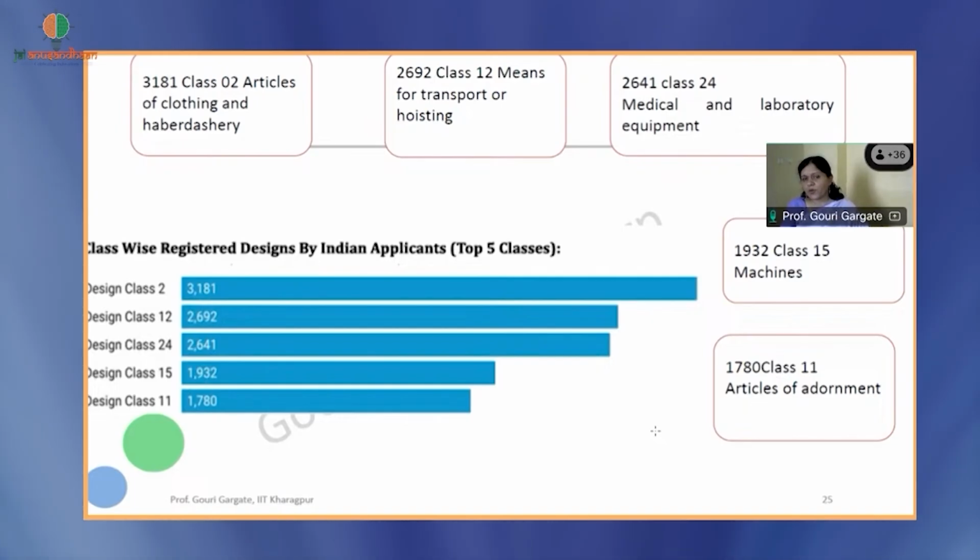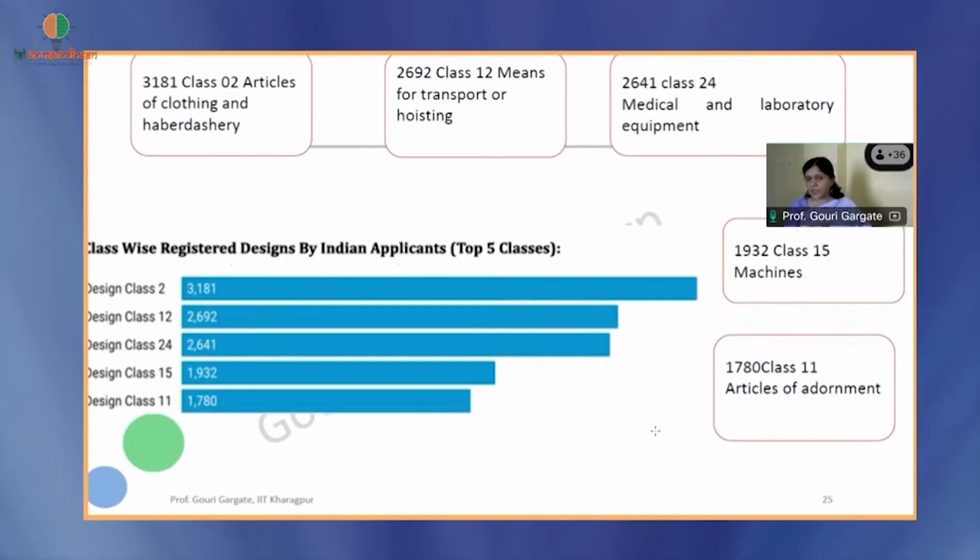Now, why is this slide important? We can check that class 2, class 12, class 24, class 15 and class 11 are the top classes where Indian applicants are filing registrations. So it gives us an idea of which class is focused on by most creators.